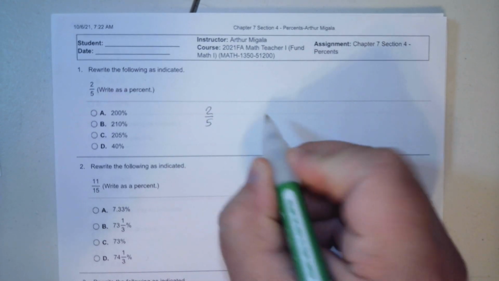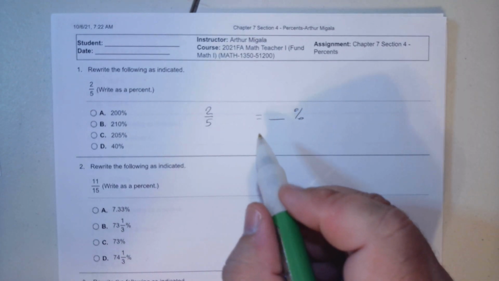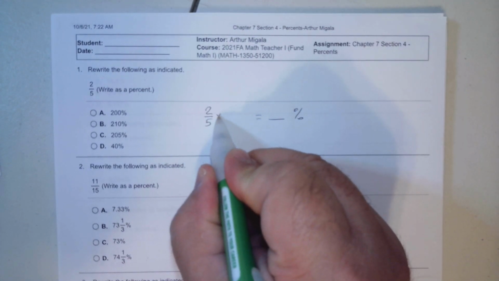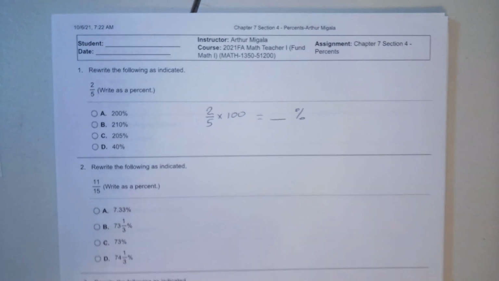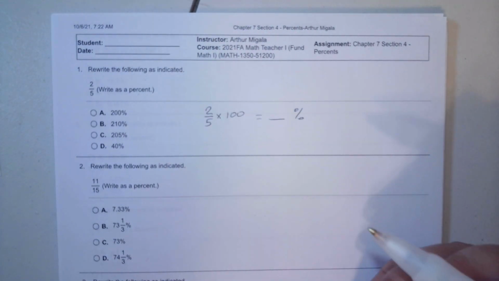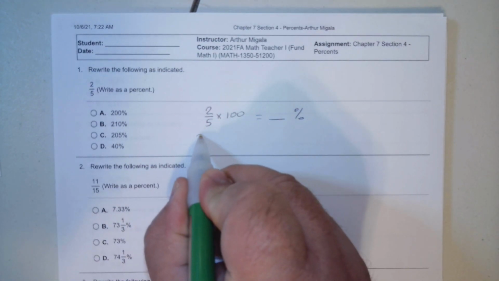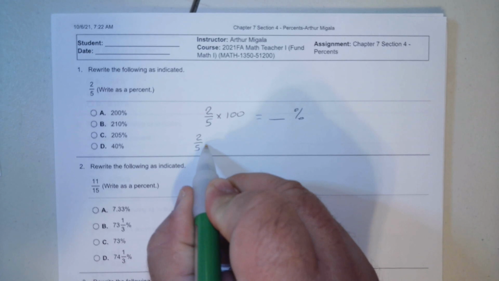So when it says write it as a percent, part over total times 100. When we go from decimal to percent, we have to multiply by 100. So we have 2 over 5.